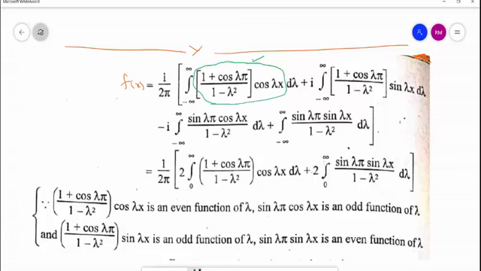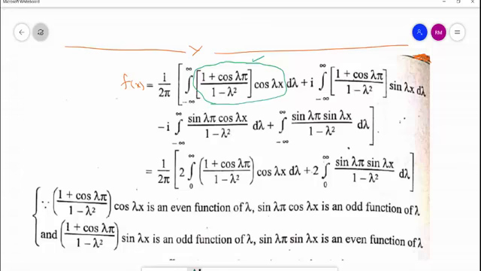In the second term, this is an even function, but sin lambda x is an odd function of lambda. Because we know the property of the sin function, sin of minus theta is nothing but minus sin theta. Sin function is always an odd function.